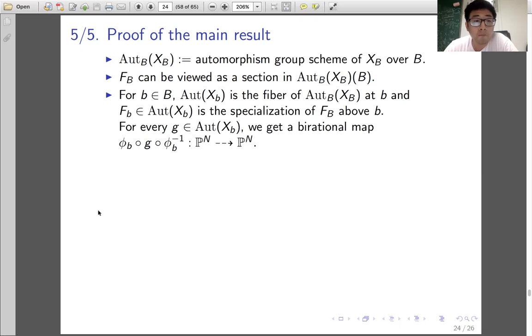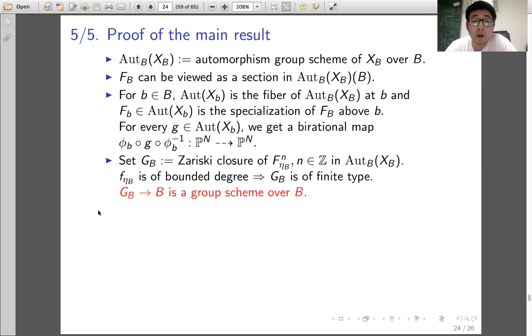Okay, and for every point b in B, Aut(X_b) is the fiber of this group scheme at this point b, and the specialization F_b of F_B is in Aut(X_b), and every g in Aut(X_b) induces a birational map on Pn by phi_b∘g∘phi_b^{-1}.